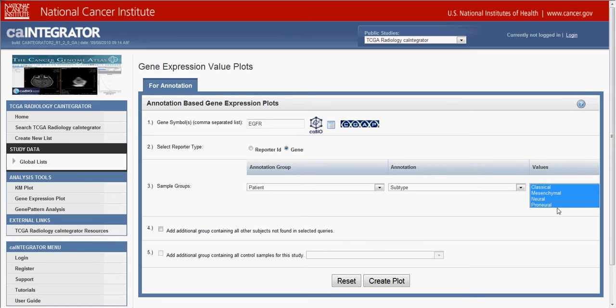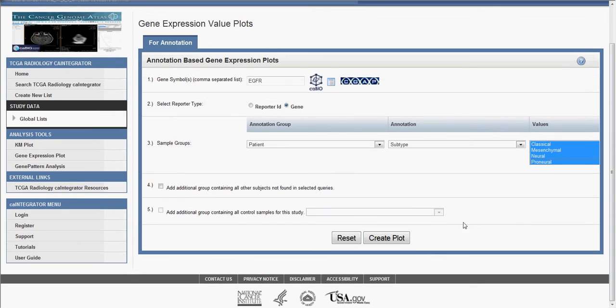So what we just did is create a query to ask the integrator to perform analysis on the genetic data and clinical data, and give us the mean expression level for the EGFR gene by the 4 different subtypes of tumor.